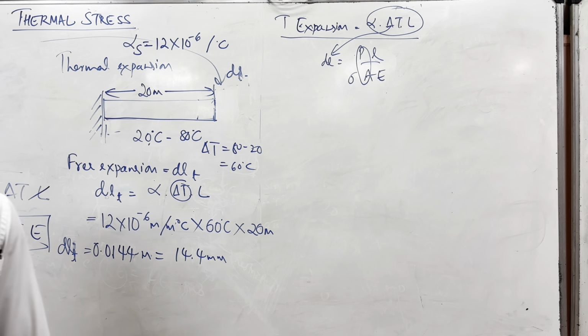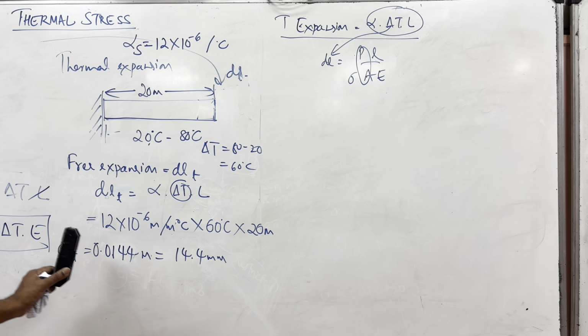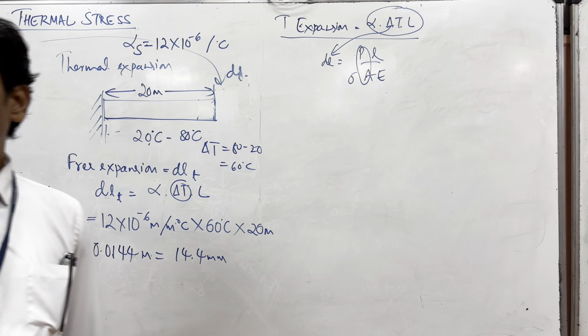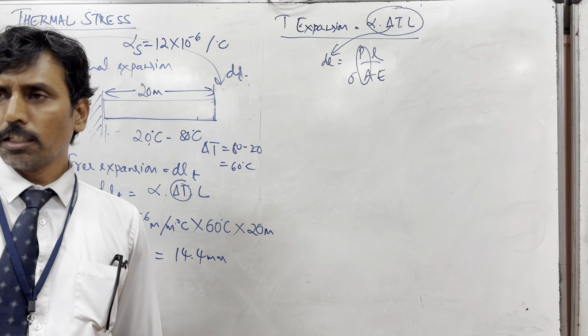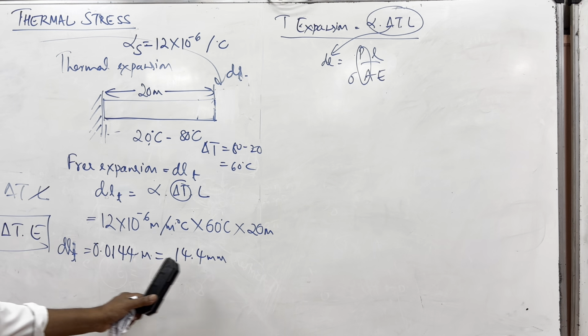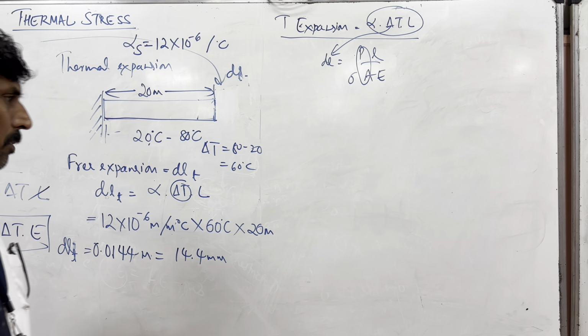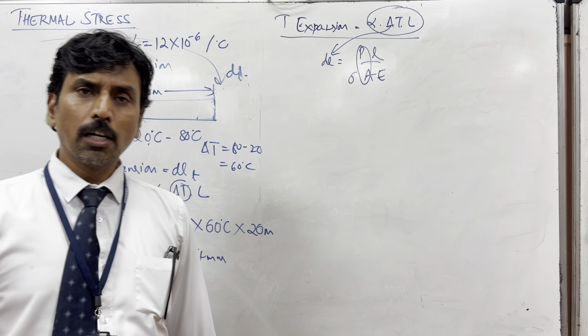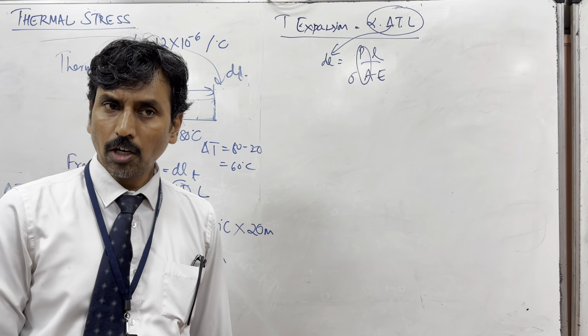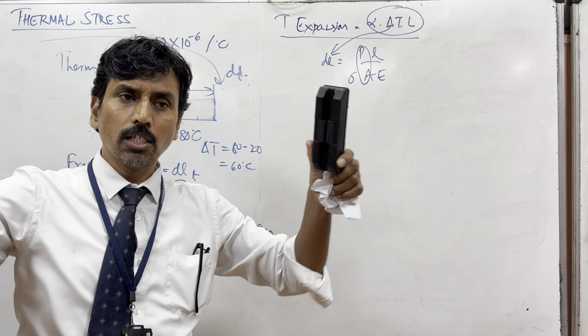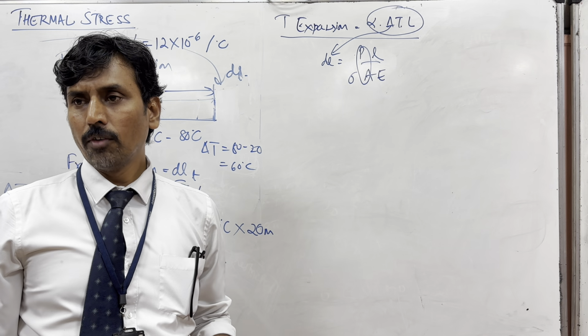Now I think this problem has three parts. One is finding the free expansion, which is already found out. Then the second part is, what is the stress built up in the steel rod when both sides of the rod are prevented from expansion?